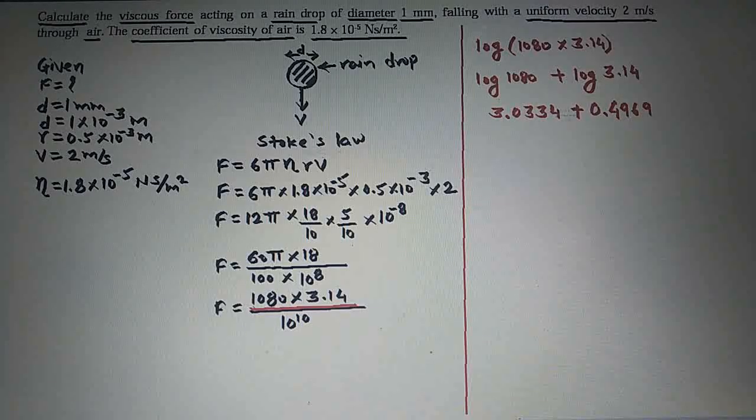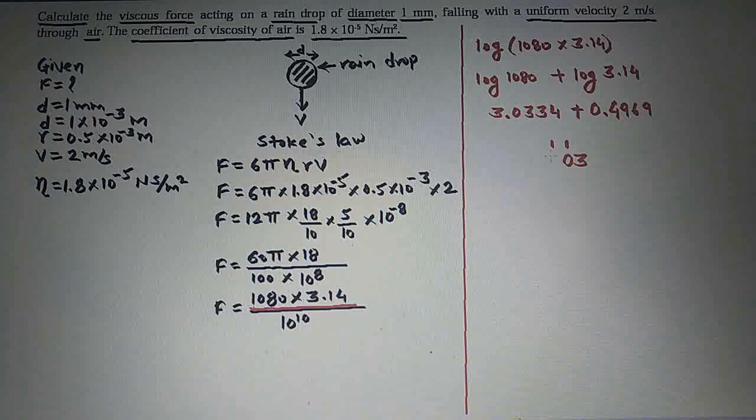Now we will do the calculation here. So 4 plus 9, it will be 13. Carry will be 1. 3 plus 6, 9 plus 1, 10, plus this carry 1. We will write 0 here and the carry will be 1 here. Next 3 plus 9, 12, plus this carry 1, 13.